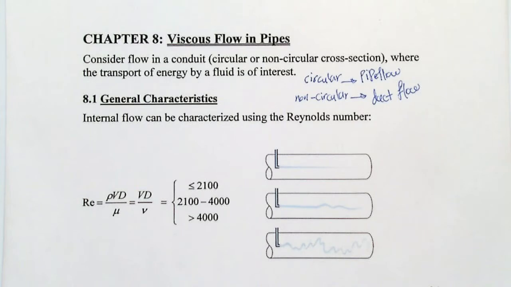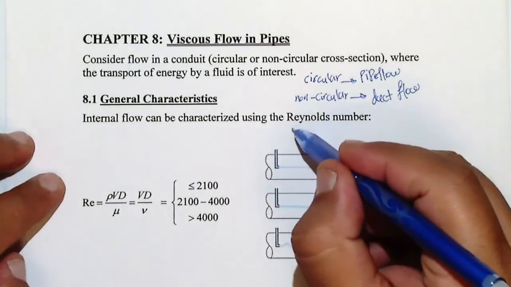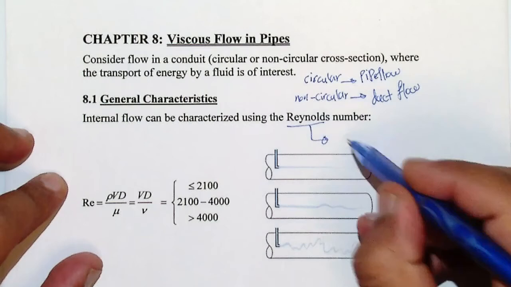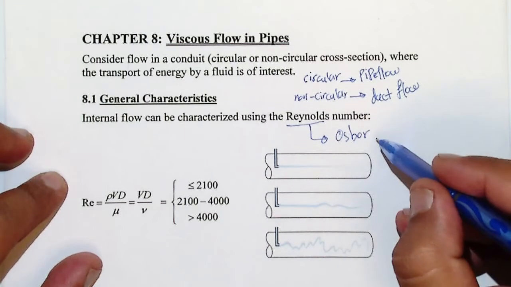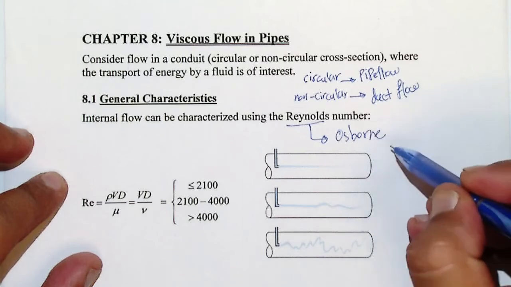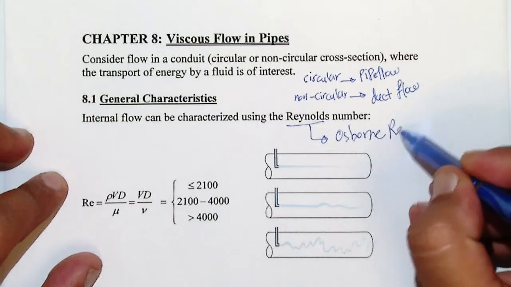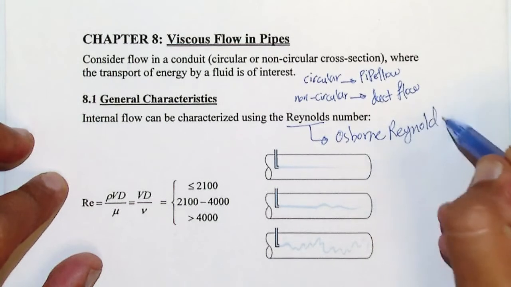So first we have to know what the Osborne-Reynolds experiment was. Reynolds is his last name.